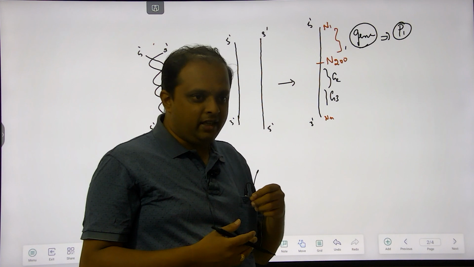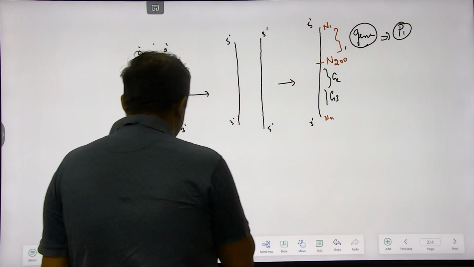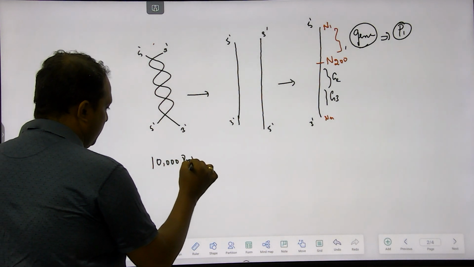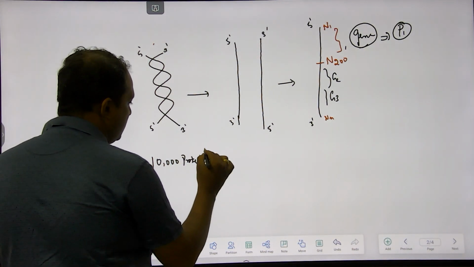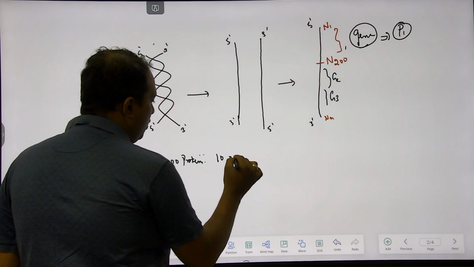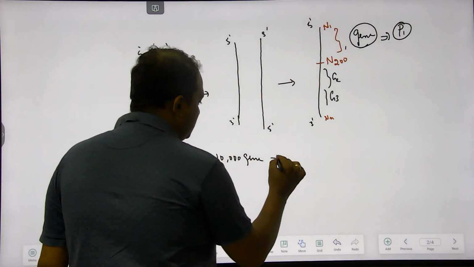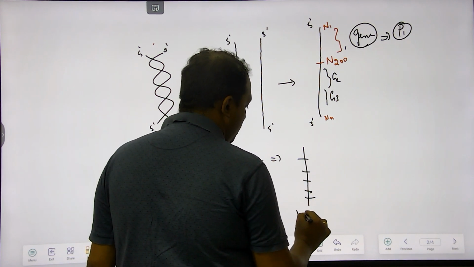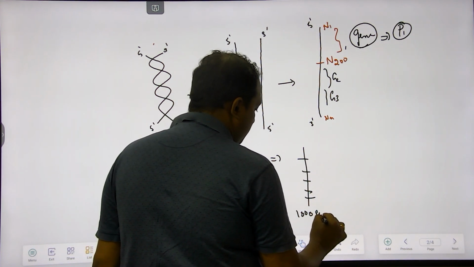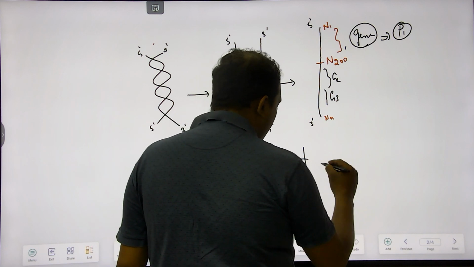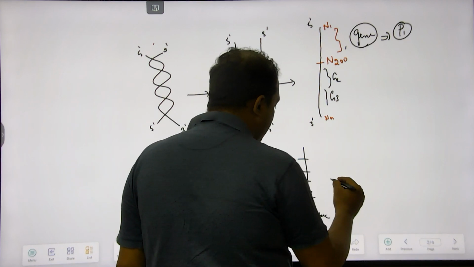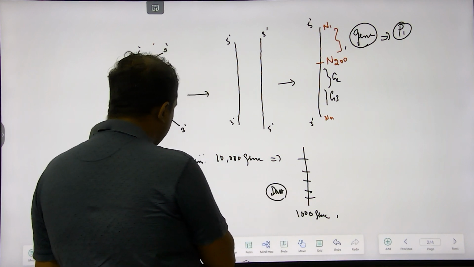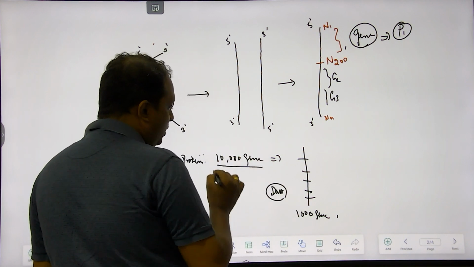So for example, let's consider 10,000 proteins. Let me assume an organism has 10,000 proteins. So it needs 10,000 genes. For example, a single DNA can accommodate 1,000 genes, which means that it needs another 9 DNA. So this is one DNA which is going to accommodate 1,000 genes, but the total gene requirement is going to be 10,000.